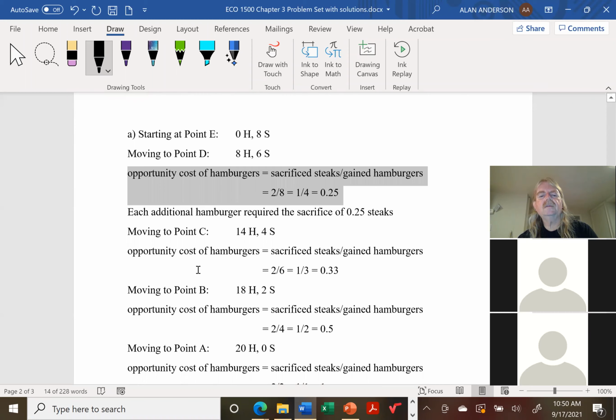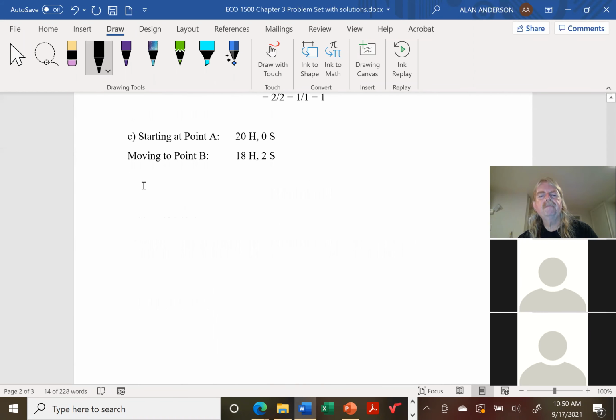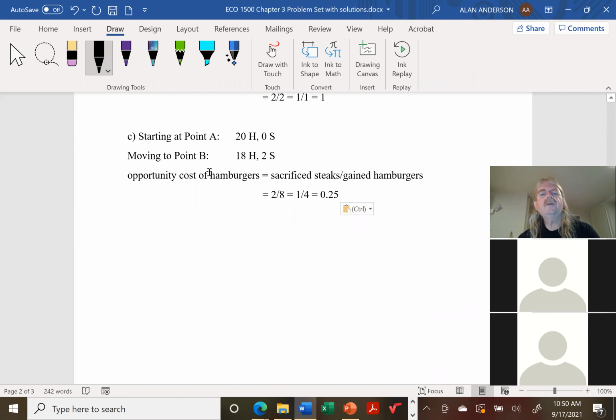So in other words, the opportunity cost of steak is the sacrificed hamburgers over the gained steaks. And so you see what happened here. We gave up 2 burgers to pick up 2 steaks. So here the opportunity cost is 1 to 1.